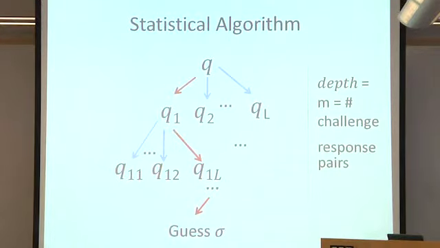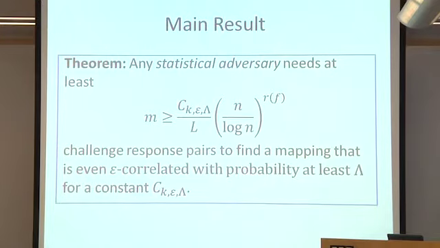Here, the depth of this tree is the number of challenge response pairs necessary to traverse the tree. And our result says that any statistical algorithm needs at least this many challenge response pairs.